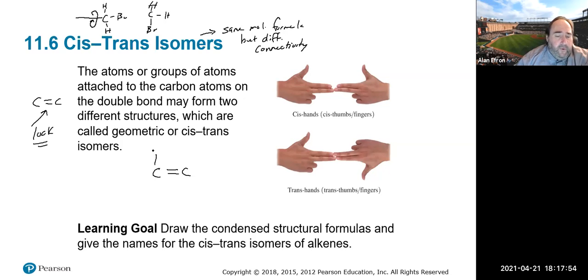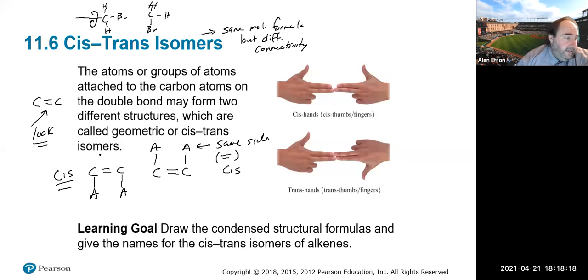You could have a group that ends up on the same side of the double bond, and that is what is known as a cis isomer. It could be both groups are above it, could also be both groups are below the double bond. This would also be cis.